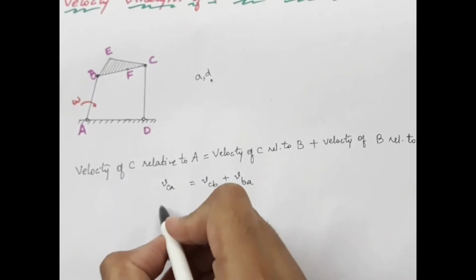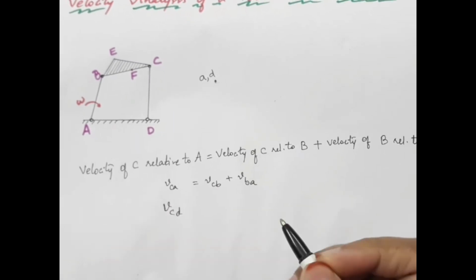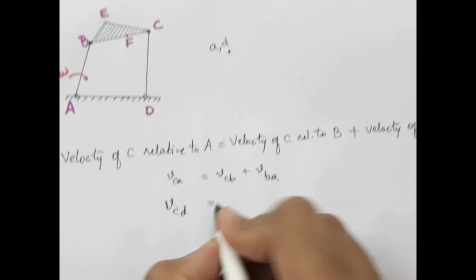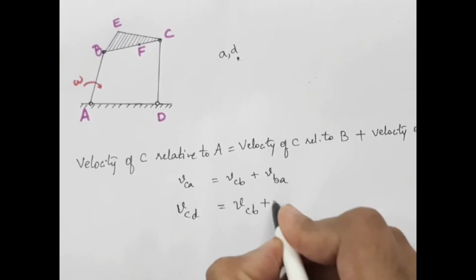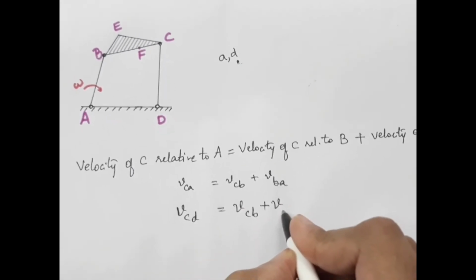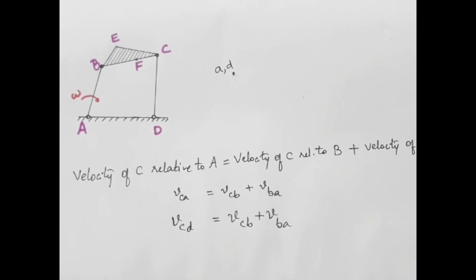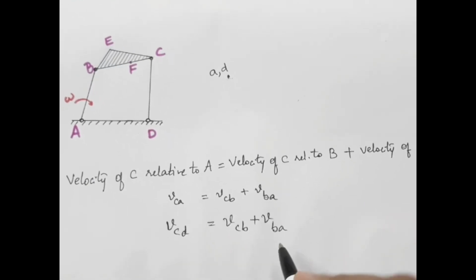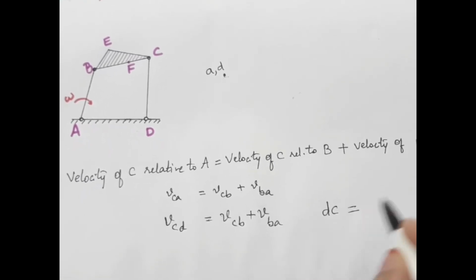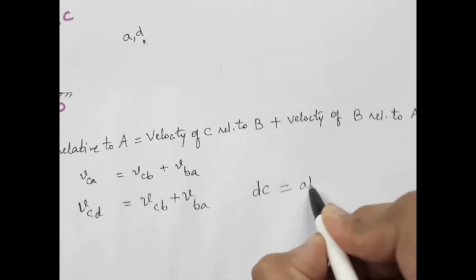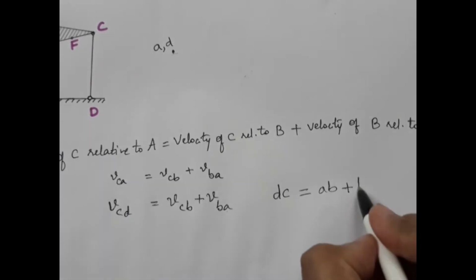So we can write velocity of C with respect to D as velocity of C with respect to B plus velocity of B with respect to A, because these two are the same. Or on the diagram, the vector dc will be equal to ab plus bc.